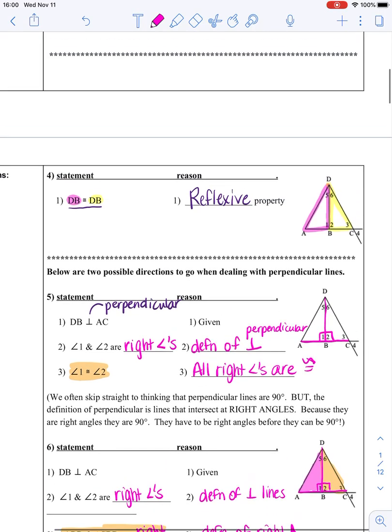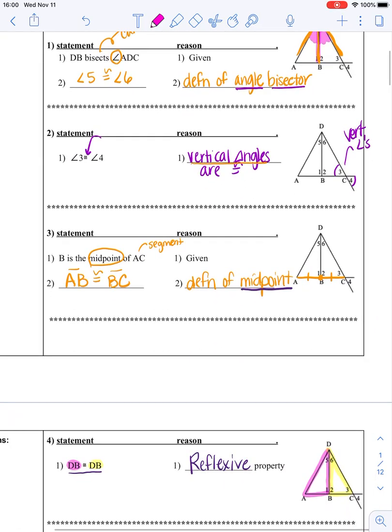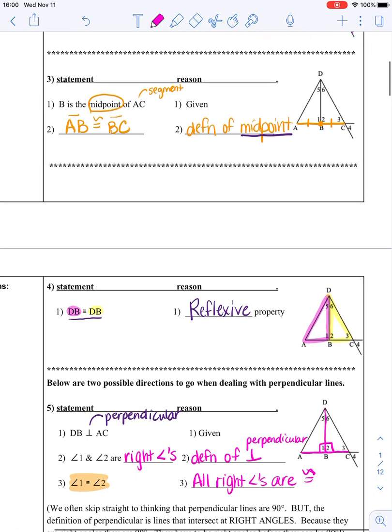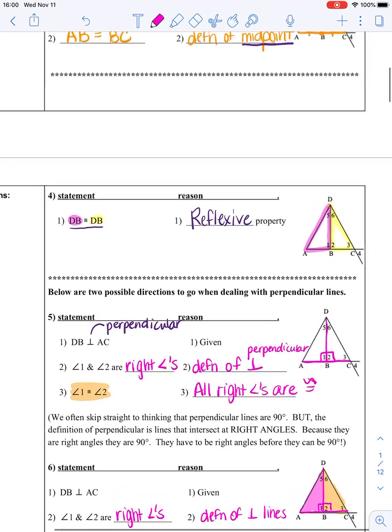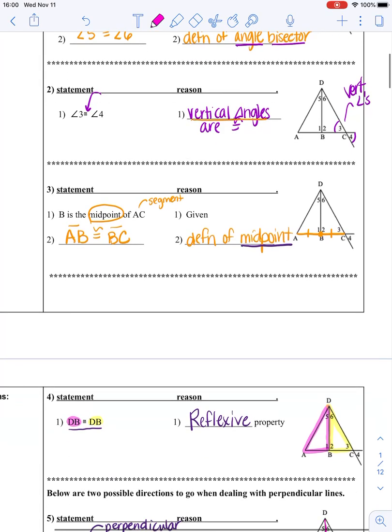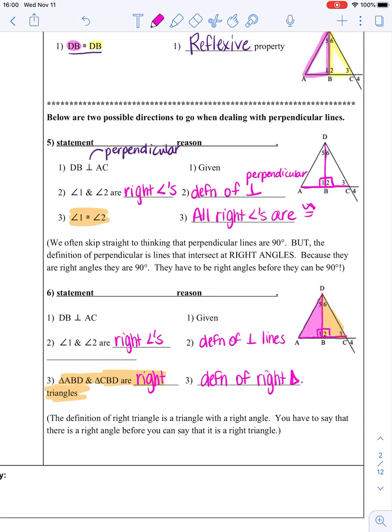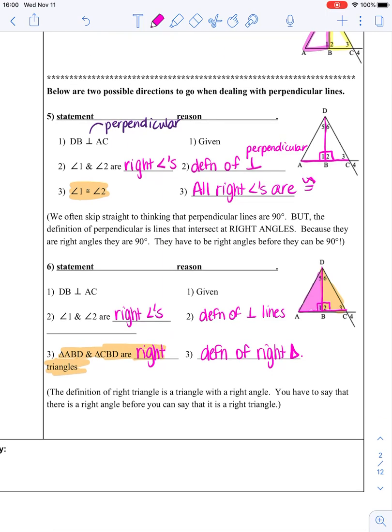So these are just kind of an introduction to the kinds of things that we're going to be looking at later when we get to proofs, but we wanted to just do it one step at a time and get some of those vocabulary words back in your mind, like angle bisector, vertical angles, midpoint, the reflexive property, right angles, right triangles, perpendicular. So we've got some vocabulary here. We've got perpendicular, we've got right angles, we've got right triangles. So all of those are vocabulary words.